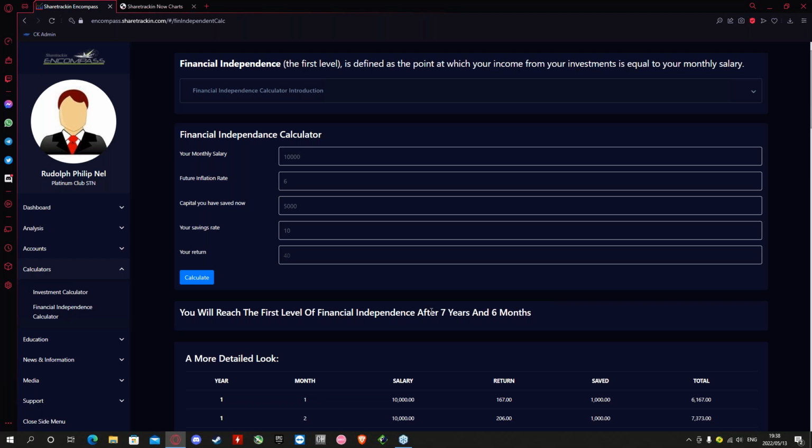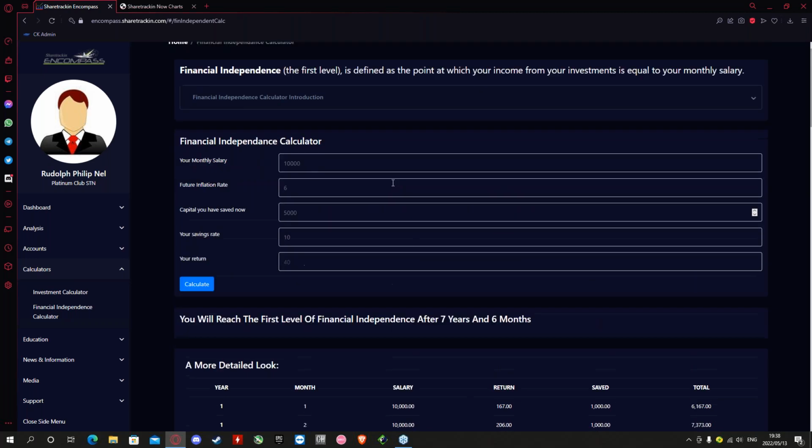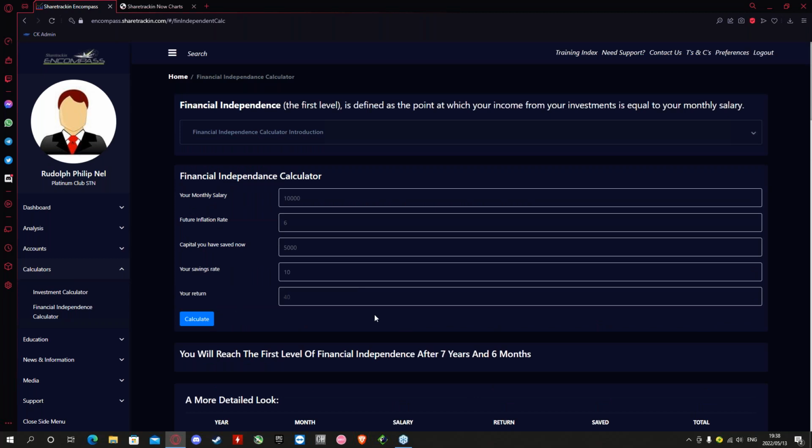With this rate and your salary, for your investments to surpass your salary, you would take 7 years and 6 months. That means you'd basically still be living on more or less 10,000 rand a month. But obviously if you reinvest your investments, that would be way more than just having your 10,000 per month, because this is basically just to replace your salary.